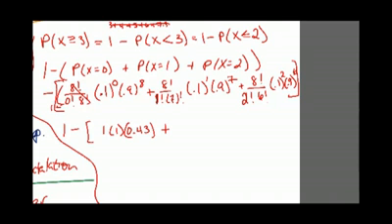So if I have 8 factorial over 7 factorial, that's 8 times, and you keep going until you get the thing on the bottom, and the 7 factorials cancel, so you're left with 8 right there, times 0.1 times 0.9 to the 7th.